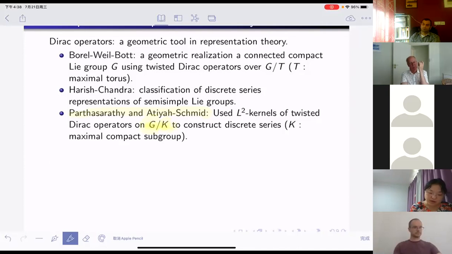And one can twist a K representation to create a homogeneous vector bundle over this space, and consider the canonical Dirac operator on this space twisted with that homogeneous vector bundle coming from the representation of K, and take the kernel of this operator to construct discrete series.